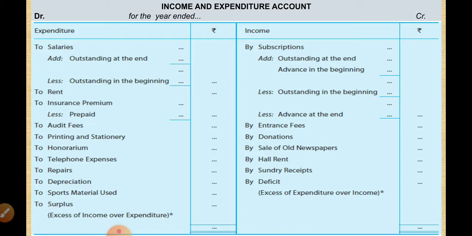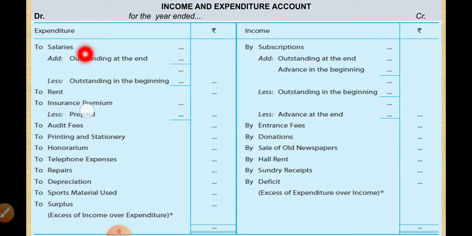Okay. Now the third point which you have to keep in mind is, continuing the same accrual basis, any income received which belongs to the previous year or next year will not be shown or should not be included in the income.